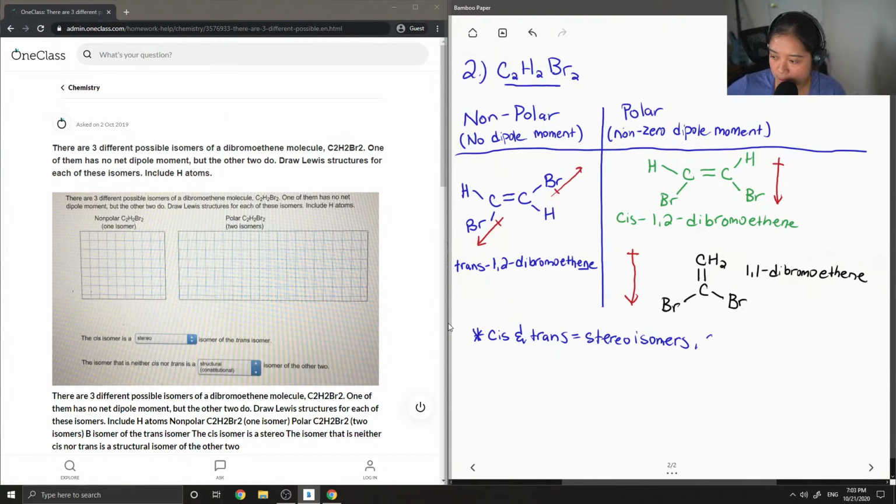So basically they have the same molecular formula, but they differ in orientation of the atoms.